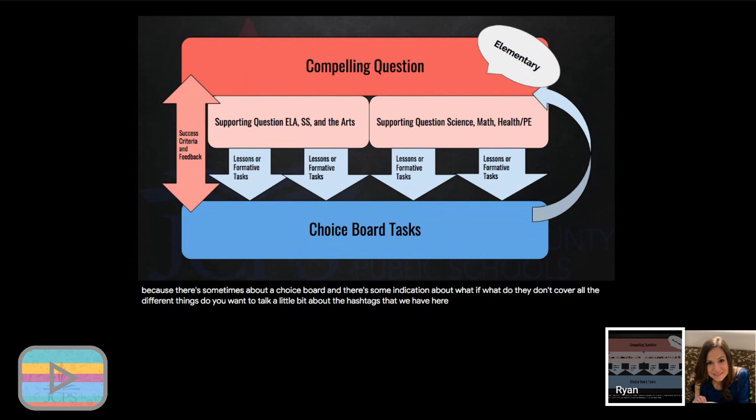We have this common compelling question. We have the supporting question that might be interdisciplinary with multiple tasks and lessons underneath it. And then the same thing where students have these performance tasks that are answering the compelling question, and they have a summative performance that's showing their cumulative understanding of all of those standards and big ideas that they've been engaged in.